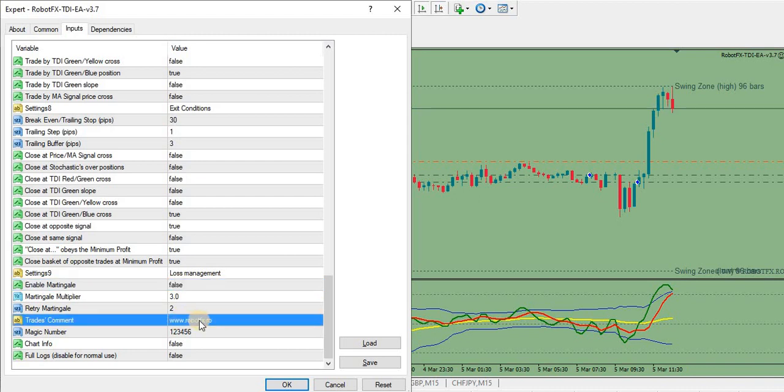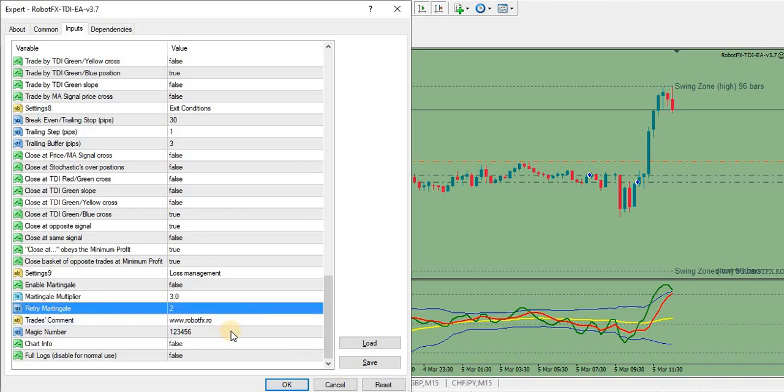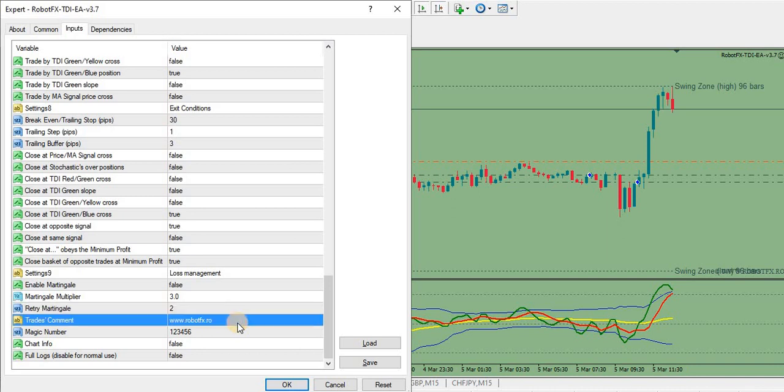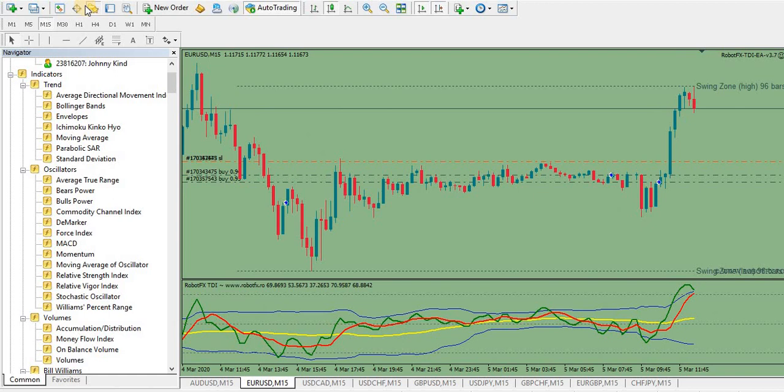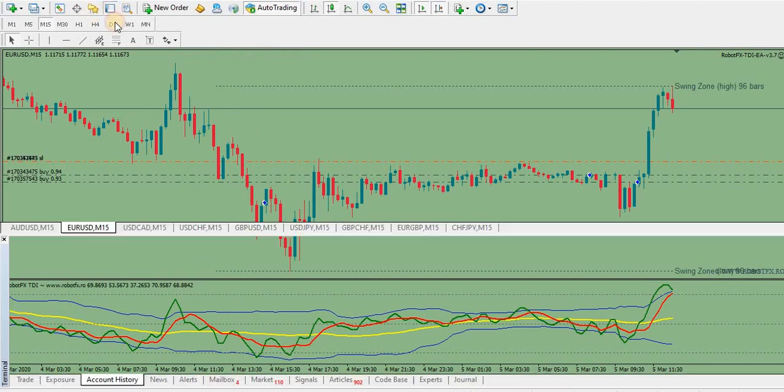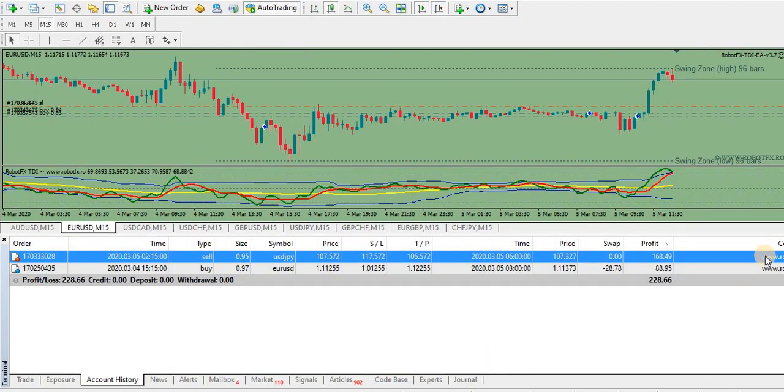These are the trade comments, which by default is our website, www.robotfx.ro. This is our main website, and this might be useful because it appears in the terminal right here.